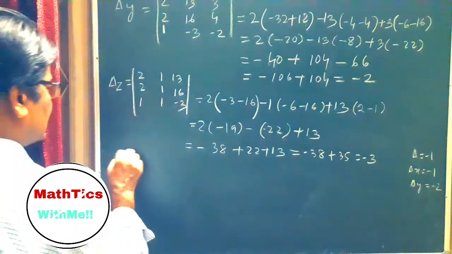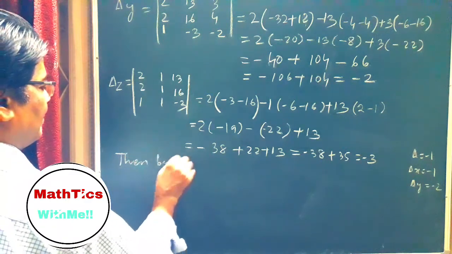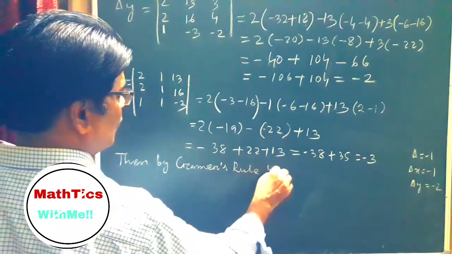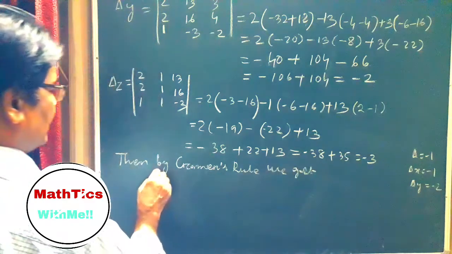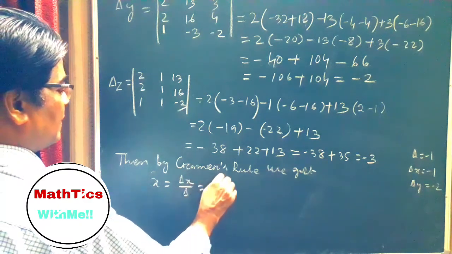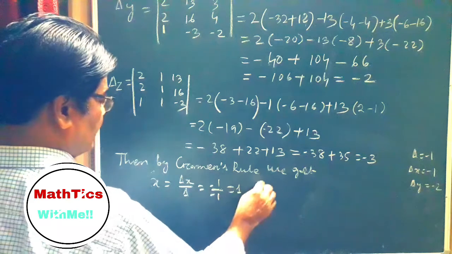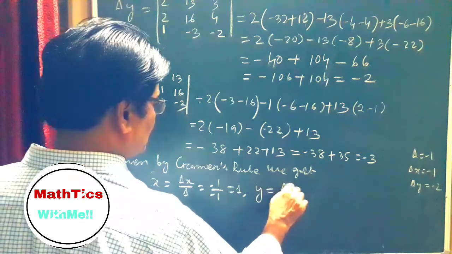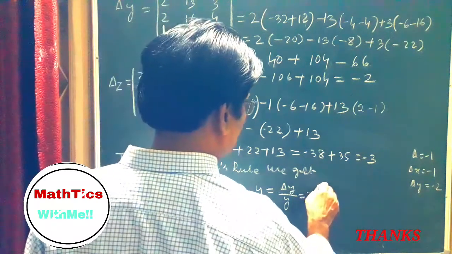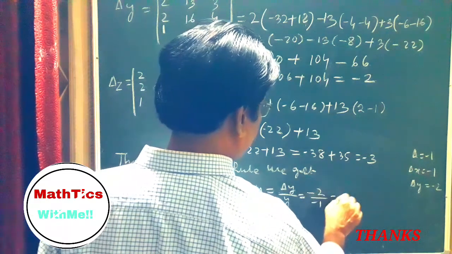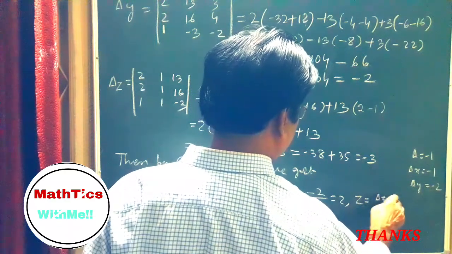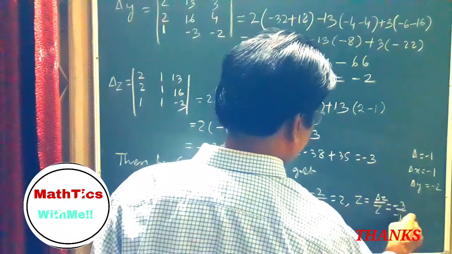Then by Cramer's rule, we get x equals delta x by delta, -1 by -1, which is 1. y equals delta y by delta, which is -2 by -1, equal to 2. z equals delta z by delta, -3 by -1, equal to 3.